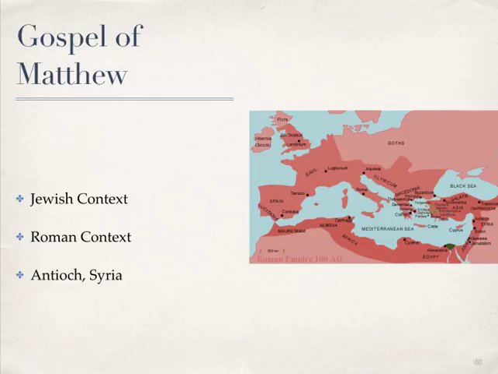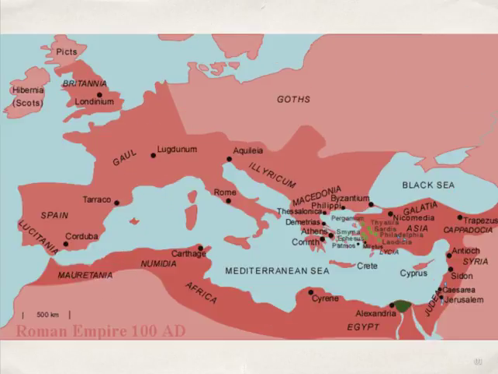So there's a Jewish context, there's a Roman context, but a specific context is Antioch of Syria. Last class we talked about the fact that the gospel was most likely written in Antioch of Syria, which we'll show with a little bit more detail.